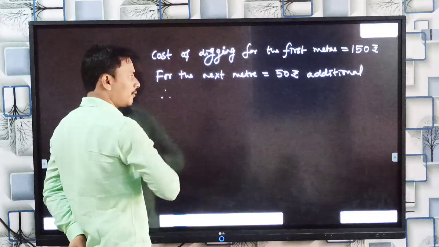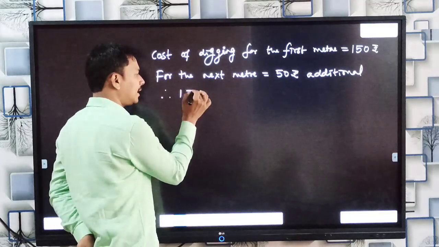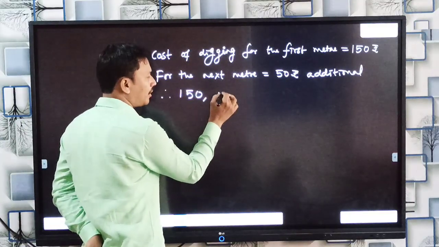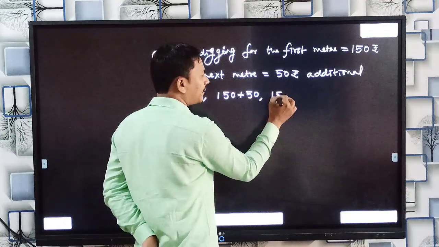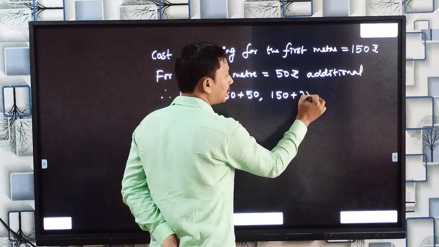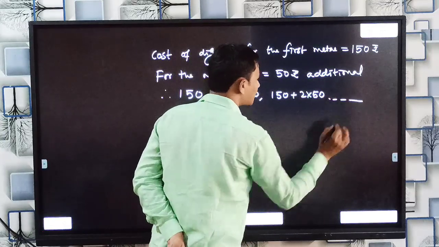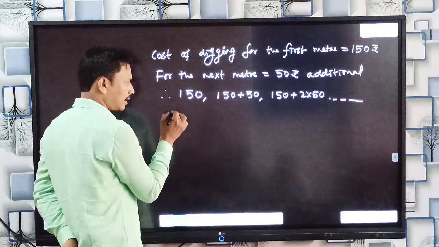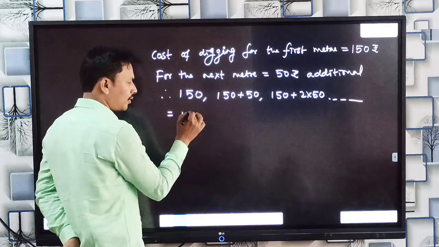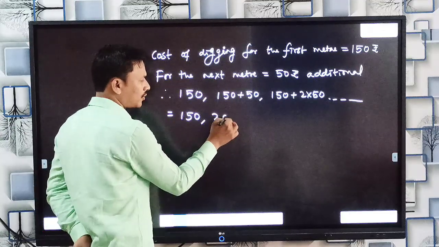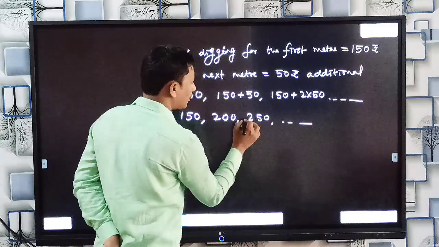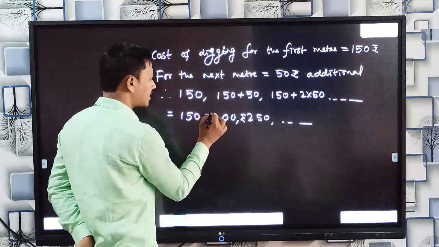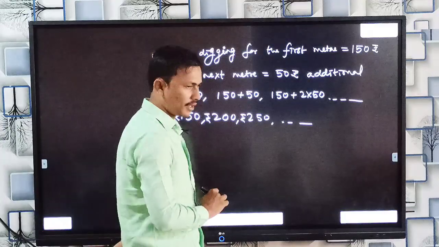Therefore, representing it in AP, that is 150, 150 plus 50, 150 plus 2 into 50 and so on. This is equal to 150, 200, 250 and so on rupees.